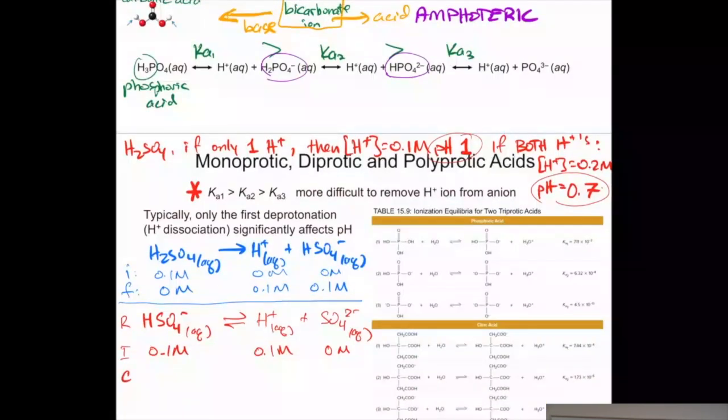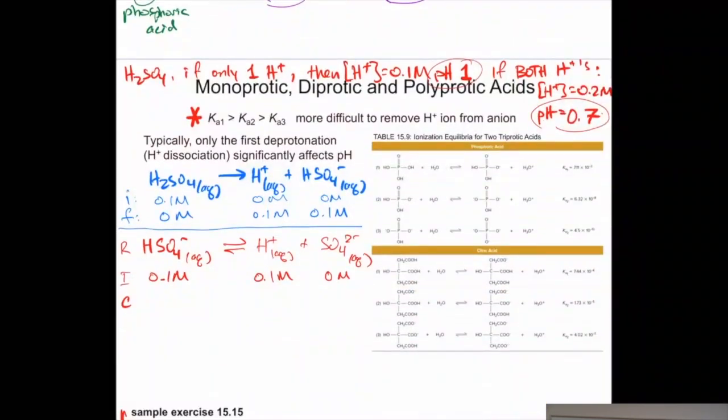So Ka2 is going to be 1.2 times 10 to the minus second. We don't need to calculate Q first because one of the products is 0, so we know that the reaction is going to go in the forward direction. So what's the change going to be for hydrogen sulfate ion?